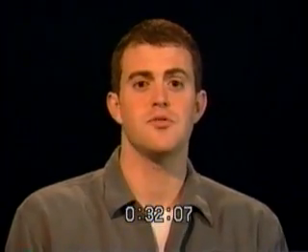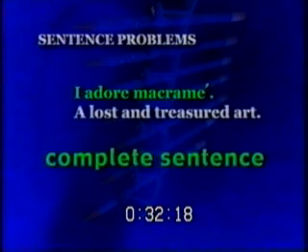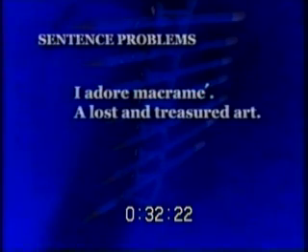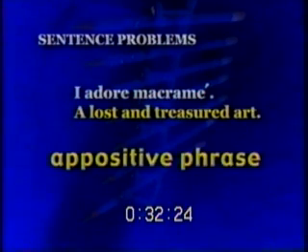Now usually this happens when we stick a period where a comma should go. Let's take a look at one of these suckers. I adore macrame. A lost and treasured art. Do you see it? The first sentence is fine, but the second one, let's take a closer look. Aha! A lost and treasured art is an appositive for macrame.